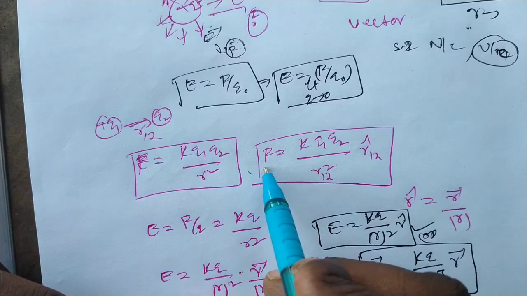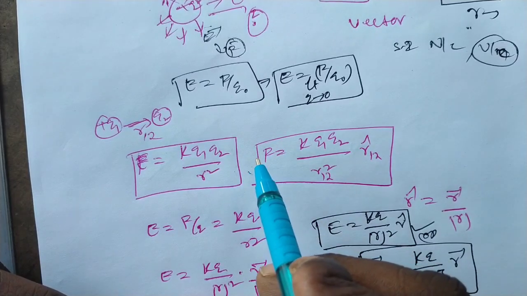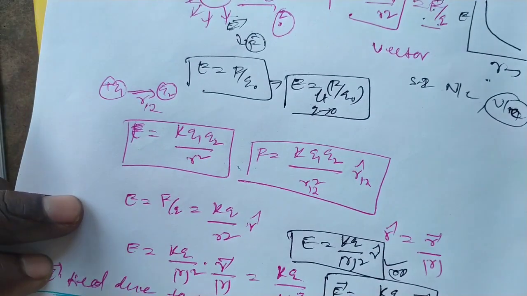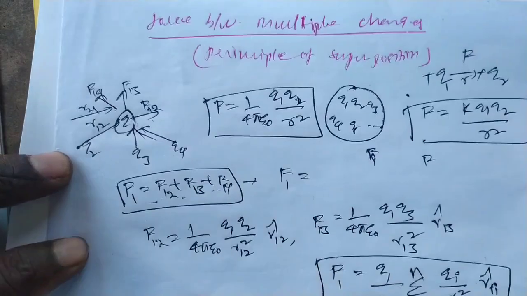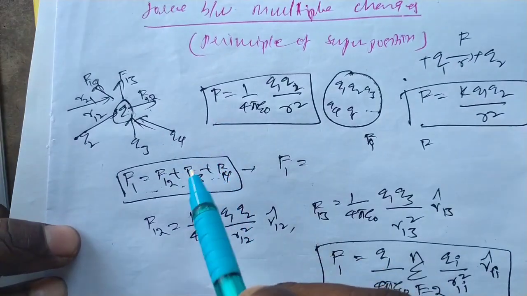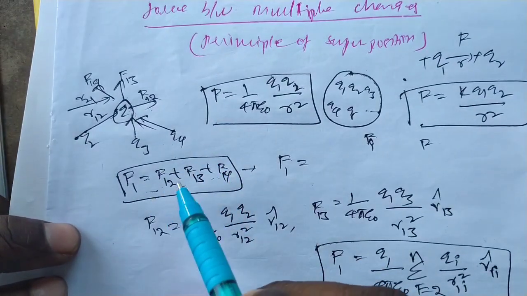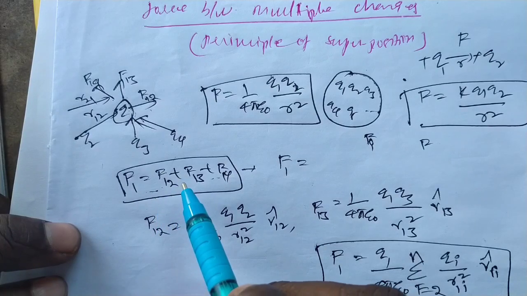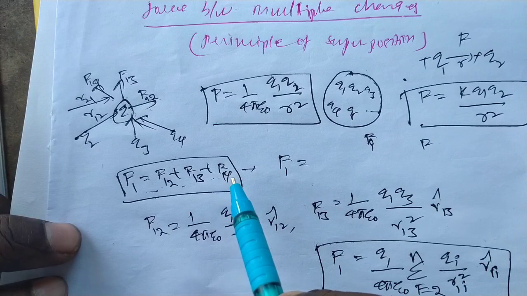For a system having multiple charges, the force is nothing but the sum of the individual forces: F1 = F12 + F13 + F14, like this.